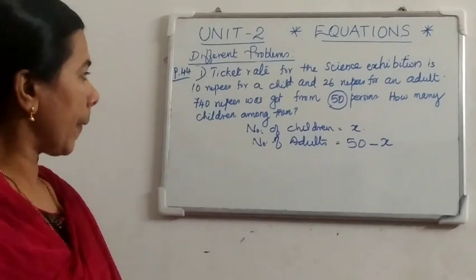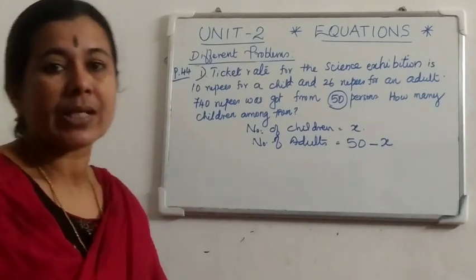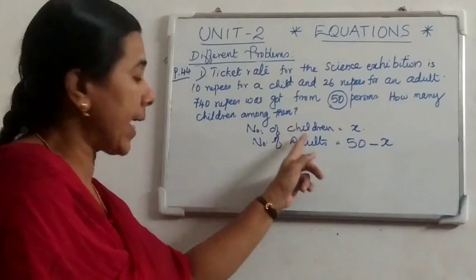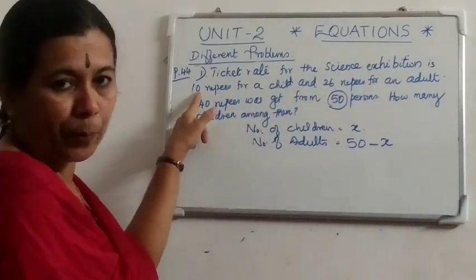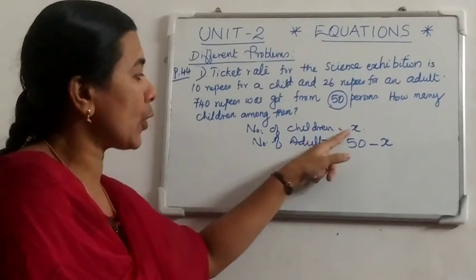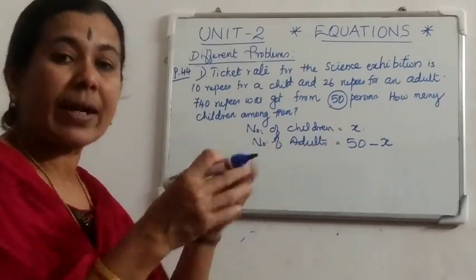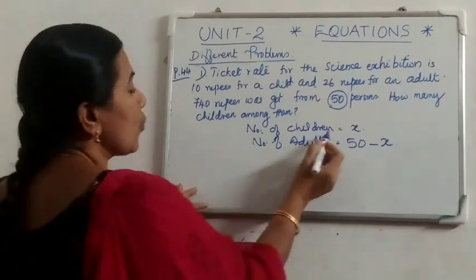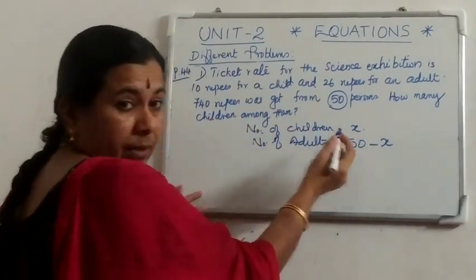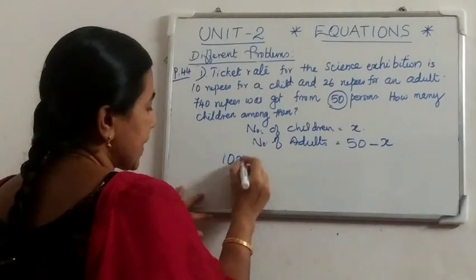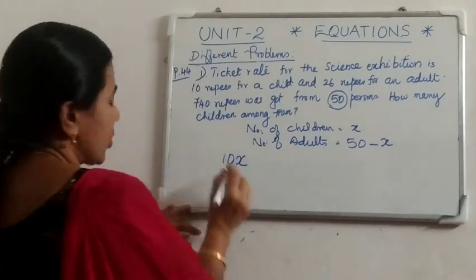Then what is given? Ticket rate. Ticket charge is given for a child and an adult. For a child, ticket charge is 10 rupees. How many children came for the exhibition? X. Therefore, what is the total ticket charge? For one child, 10 rupees. For X children, how many? 10x. Ticket charge.